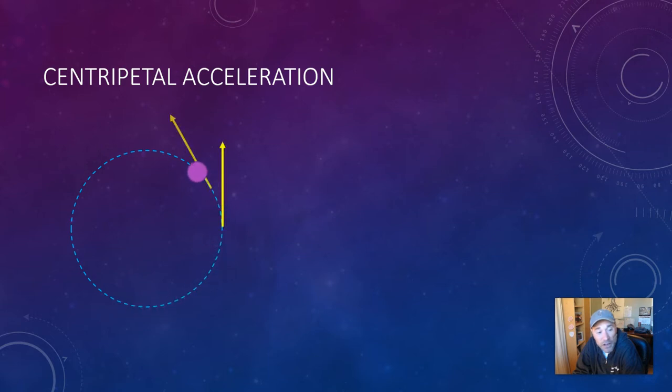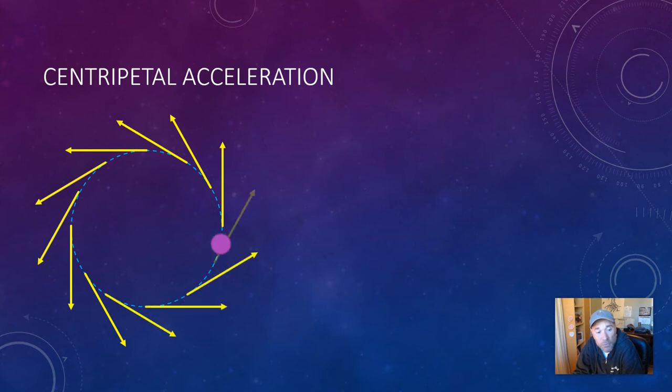Here, as we work our way around, at any given point, those are the directions that it is traveling. Meaning that if I had some object on a string and I was whirling that object around in a circle, those yellow lines would be the directions that it would leave when I let go of that string at that point.